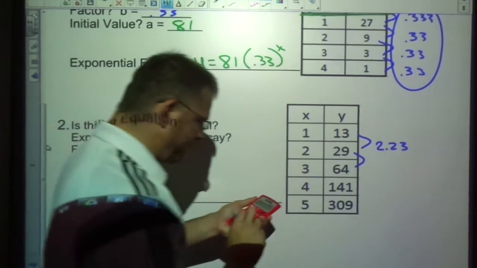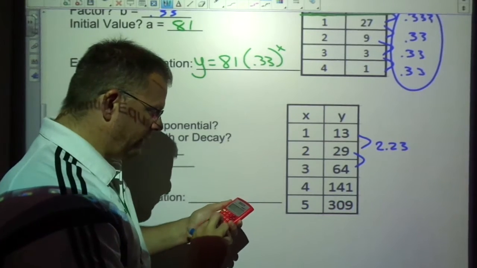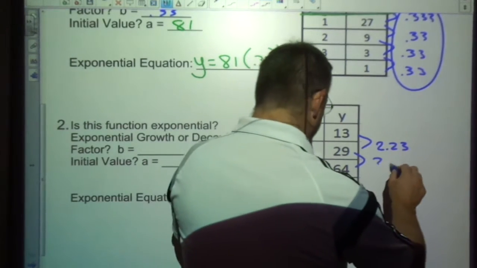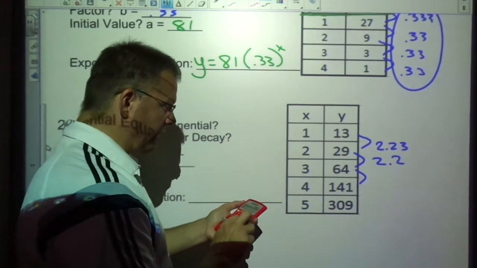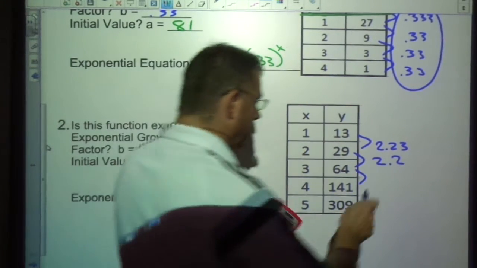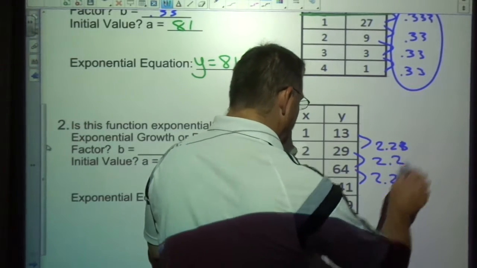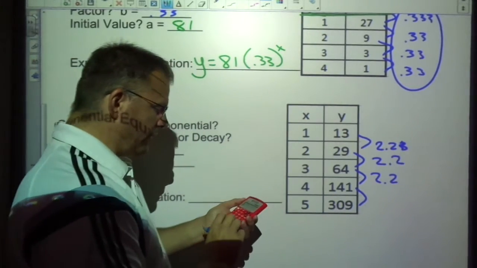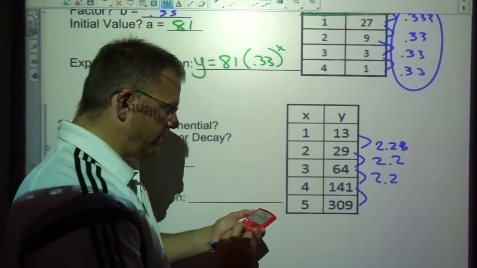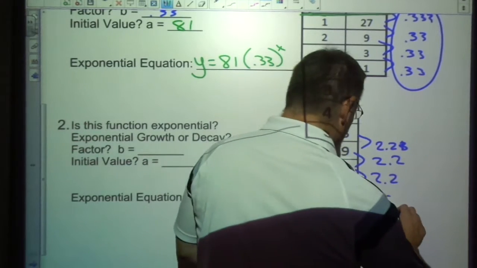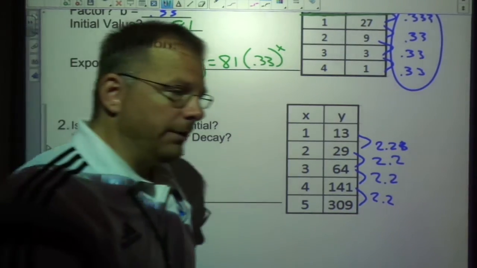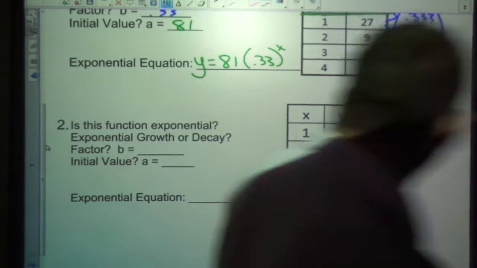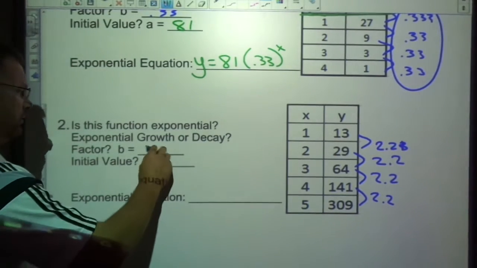When I do 64 divided by 29, I get 2.2. I think the error is okay there. Let's just use 2.2 every time. 309 divided by 141, 2.2. Okay? So you see that this is a number bigger than 1, so that tells us it's growth, right? So our b value here is going to be 2.2.